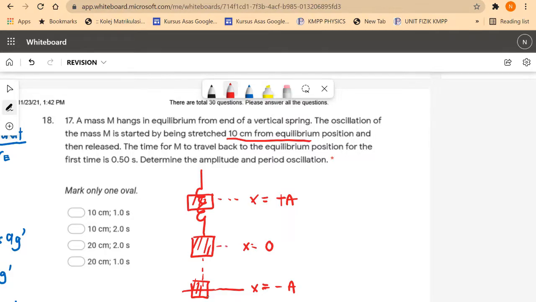From this information, the amplitude of the SHM is 10 cm.